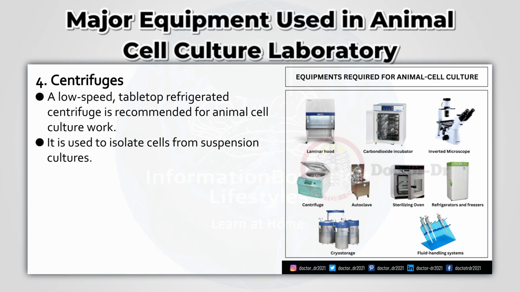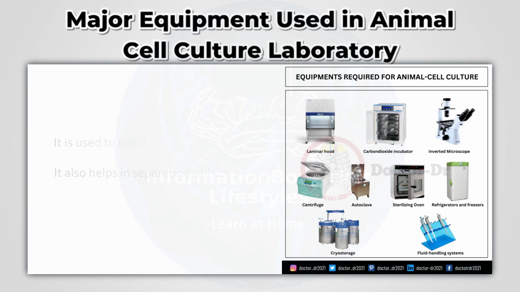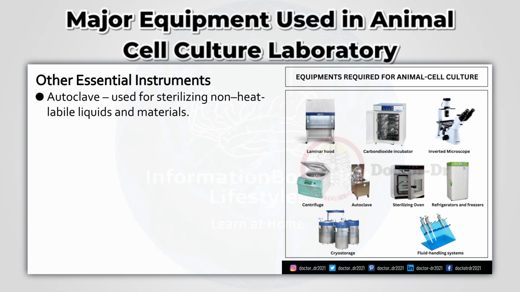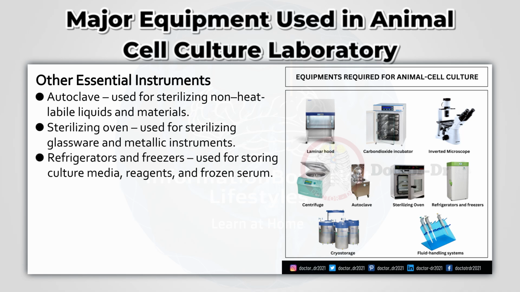It is used to isolate cells from suspension cultures. It also helps in separating cells from the liquid phase during washing or harvesting procedures. Other essential instruments. Autoclave, used for sterilizing non-heat labile liquids and materials. Sterilizing oven, used for sterilizing glassware and metallic instruments. Refrigerators and freezers, used for storing culture media, reagents, and frozen serum.